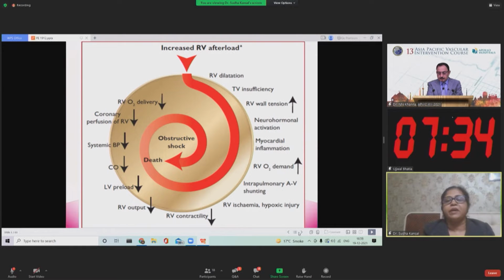We are all aware of this cascade which happens when a patient has a massive pulmonary embolism. There's an increase of RV afterload, RV dilatation, increase in the RV wall tension, increased demand of oxygen by the right ventricle. Because of RV ischemia, there is decreased RV contractility, decreased RV output, which causes decreased LV preload, decreased cardiac output, hypotension, and then the patient develops obstructive shock.